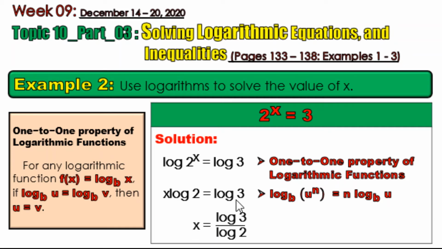And then we also divide the logarithm of 3 by the logarithm of 2. So therefore we have x is equal to the logarithm of 3 divided by the logarithm of 2. And then we will be using our calculator to solve for the value of this.